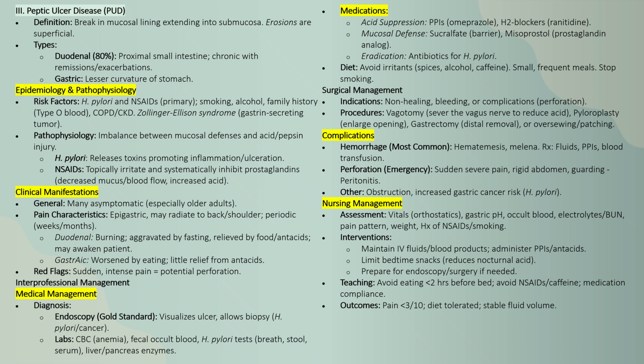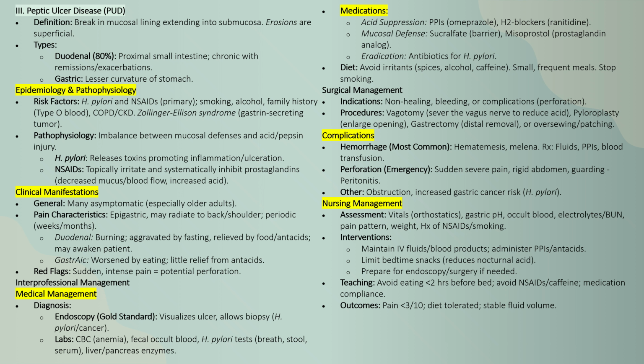Non-invasive tests for H. pylori include serum antibodies, urea breath, and stool antigen tests. Laboratory tests: CBC for anemia or inflammation, fecal occult blood, and liver and pancreatic function tests.